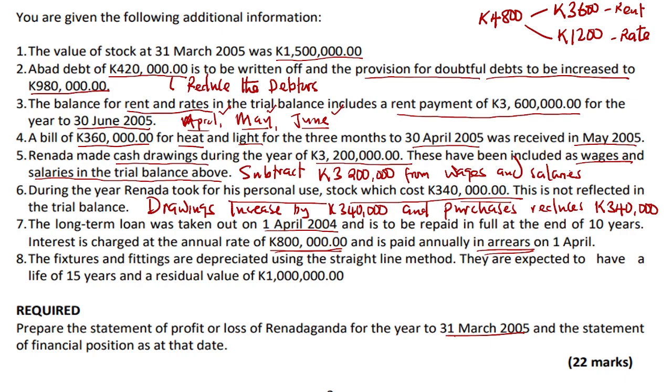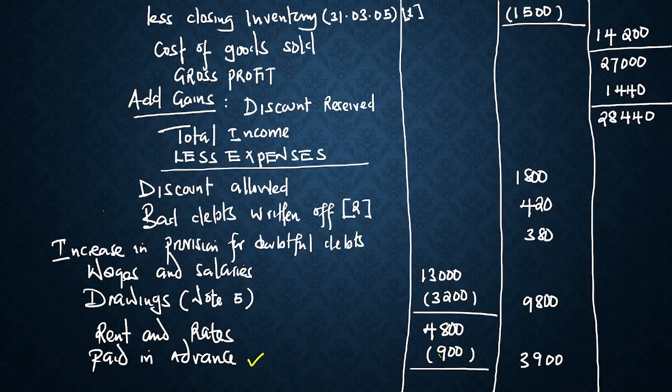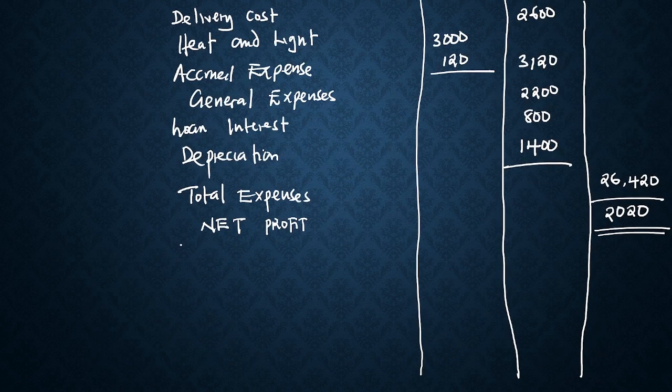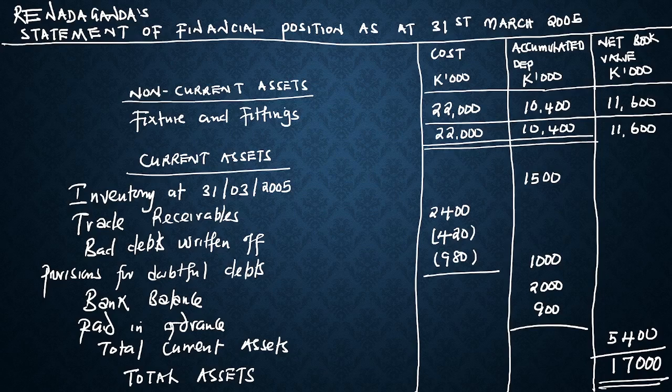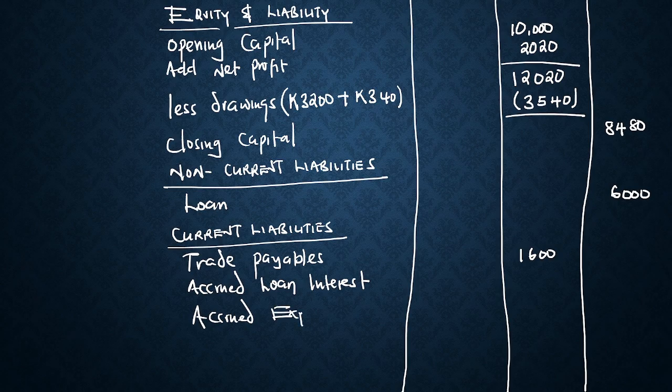We also had an accrued expense of 120. Yes. Okay, so take note. So payables 1,600, then accrued expenses and accrued loan interest. So we had the 120 there and an 800.